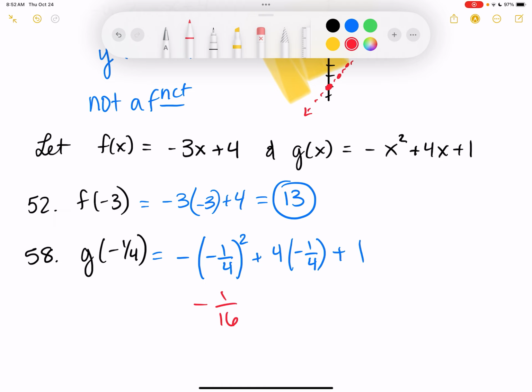What is that going to give me? Negative 1. And then plus 1 out there. So negative 1 and positive 1 cancel each other out. So I'm left with negative 1/16 for my answer. Any questions about those? Are we okay with that kind of stuff?